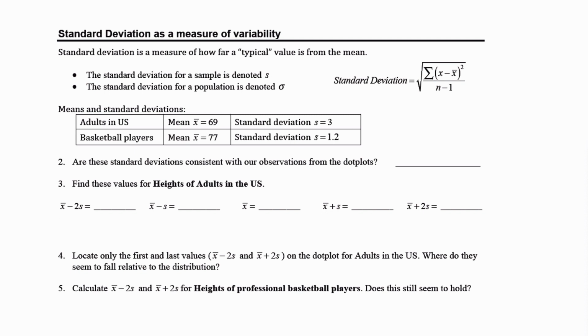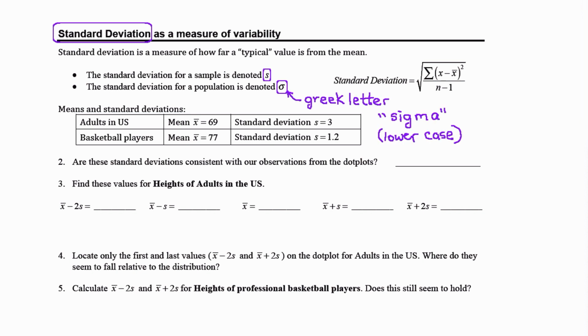A commonly used measure of variability is something we call the standard deviation. We use the letter S if we're talking about standard deviation for a sample. We use the Greek letter sigma if we are talking about standard deviation for a whole population. Note that this symbol here represents the lowercase Greek letter sigma.